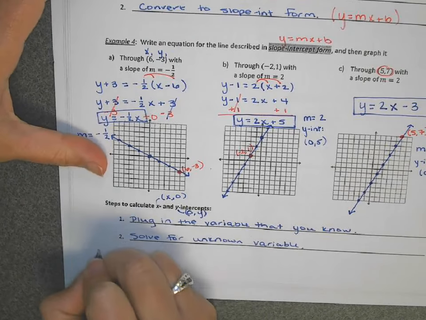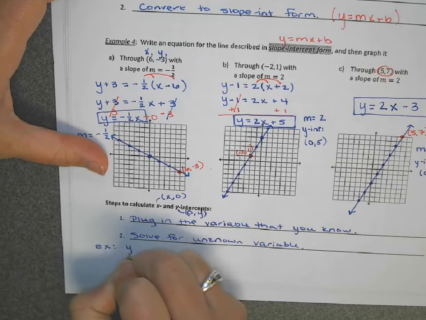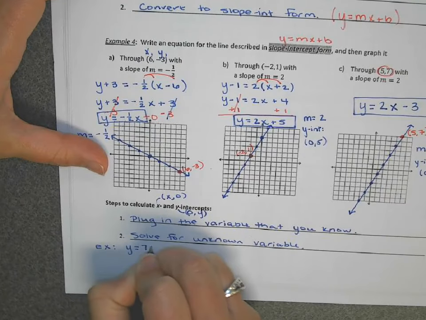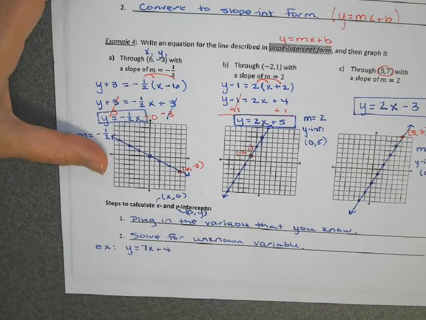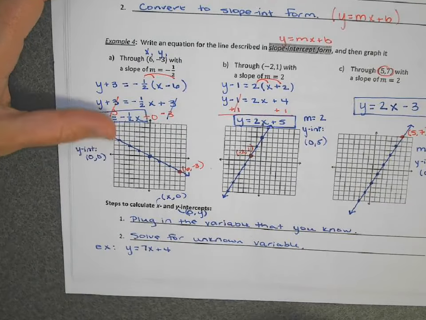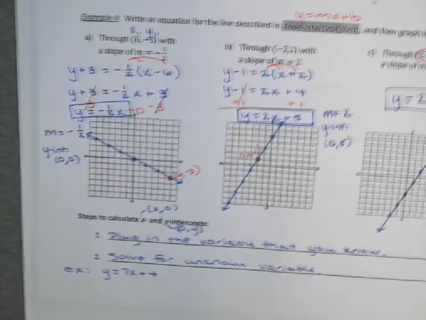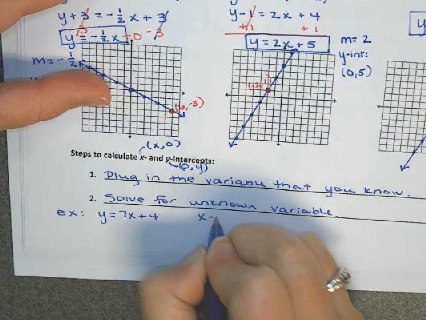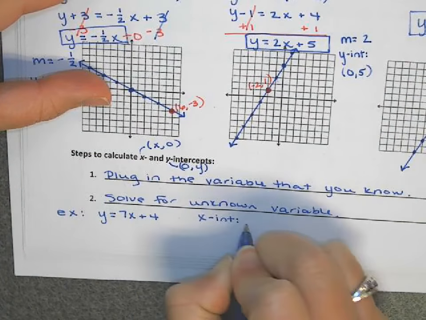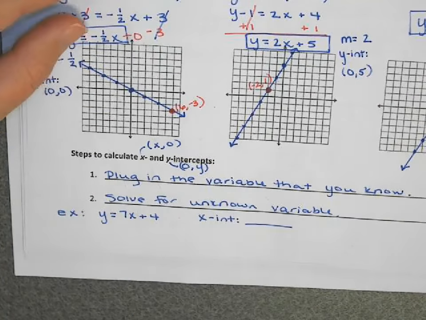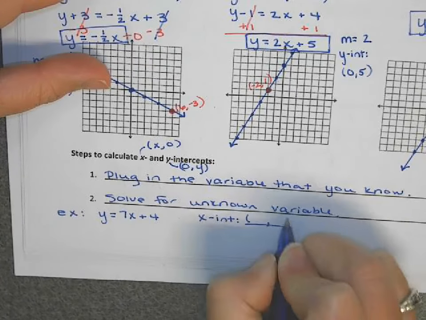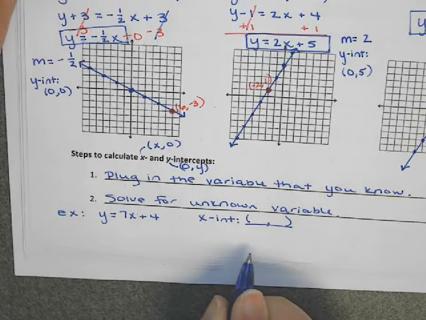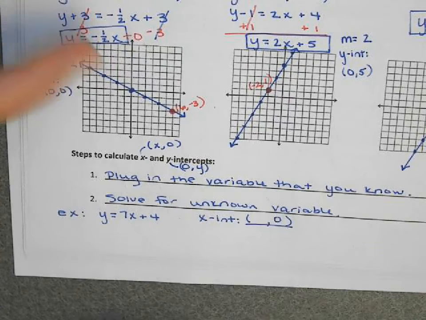So here's an example. Y equals 7x plus 4. If I want to find my x-intercept, I know that that point looks like something, 0, right?